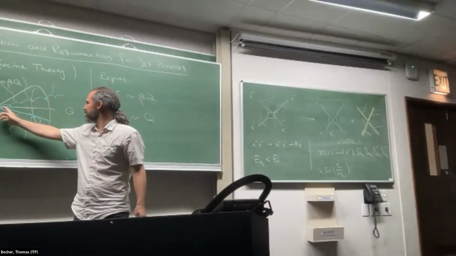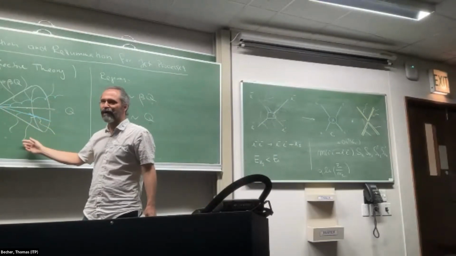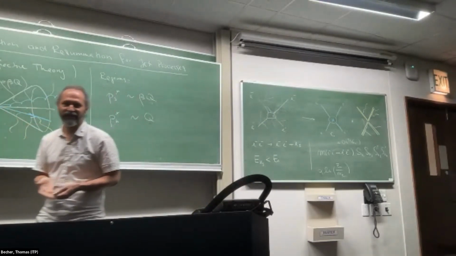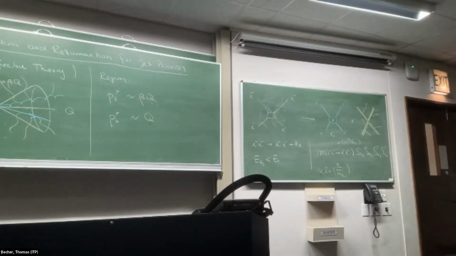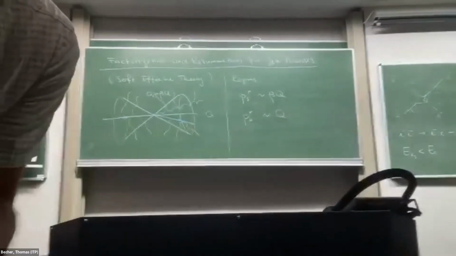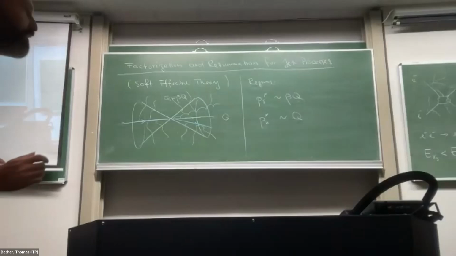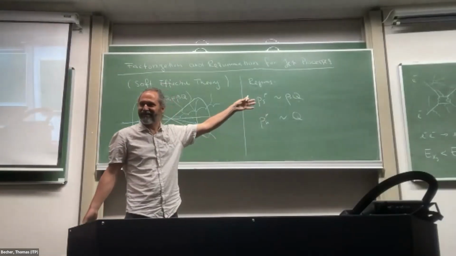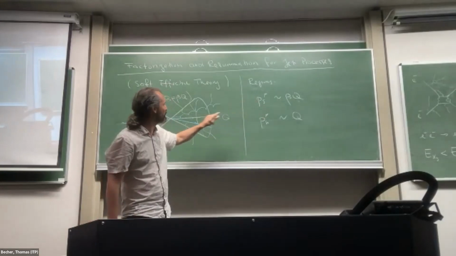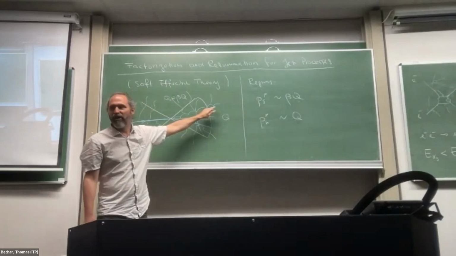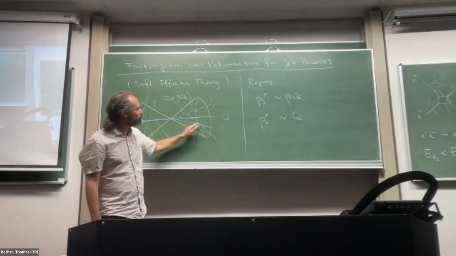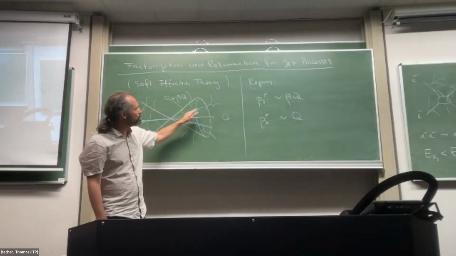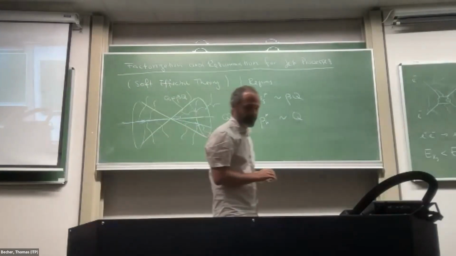So I can take this quark here, expand. I will get exactly the same eikonal as I got for the electrons. The only interesting difference, and this will make the structure of logs a lot more interesting than in the QED case, is that you can also have hard gluons. So you can have these hard partons and split here. So you also have to consider the case where you have hard gluons.